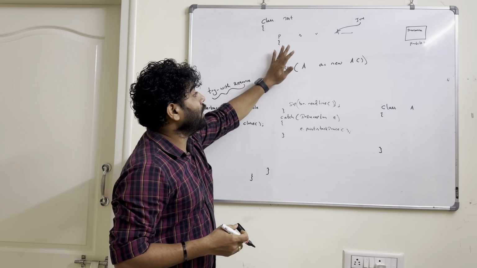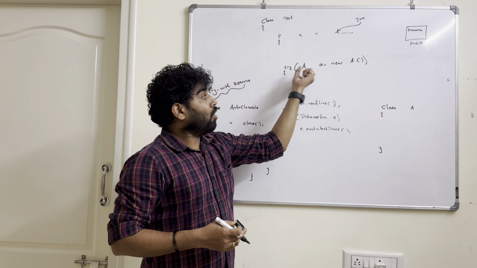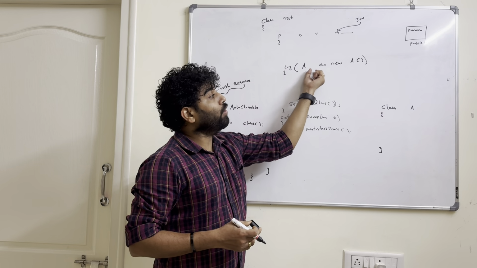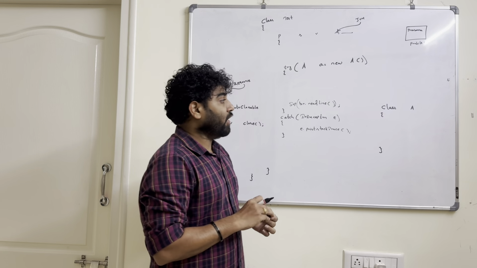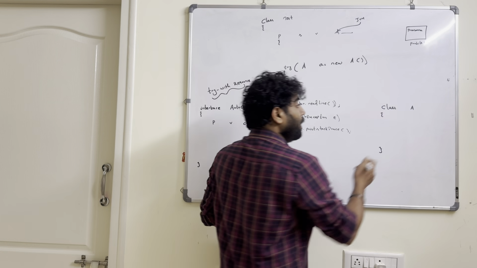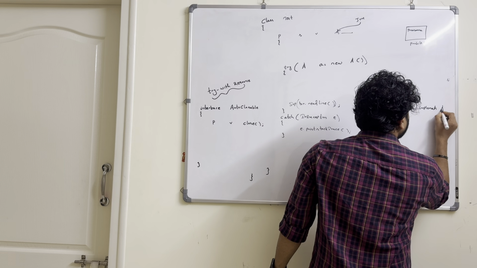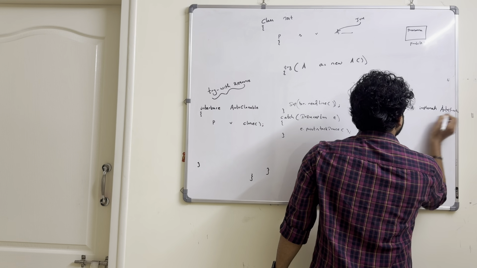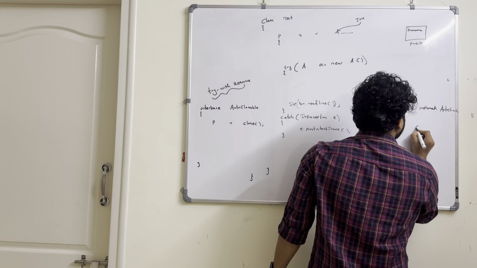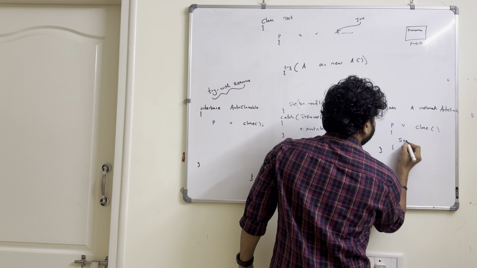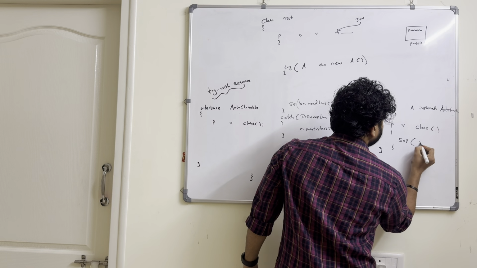So when can we create this class A object? If class A implements the AutoCloseable interface and overrides the public void close method. Let's say I write a System.out.println of Java.